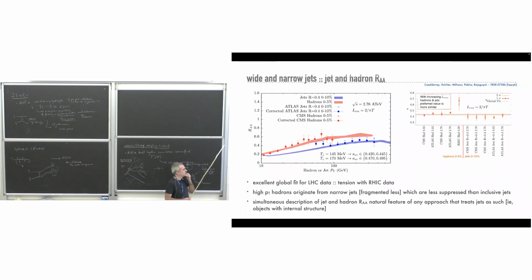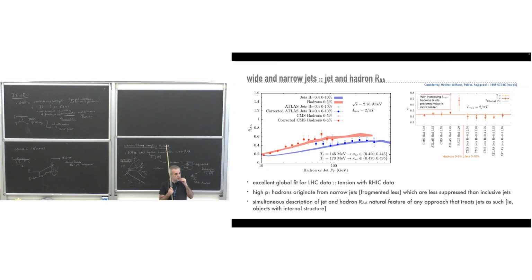So we have this excellent fit, and then we said, okay, our model gets this right, but what in our model makes us reproduce jets and hadrons differently? A hadron very approximately comes from a single parton.